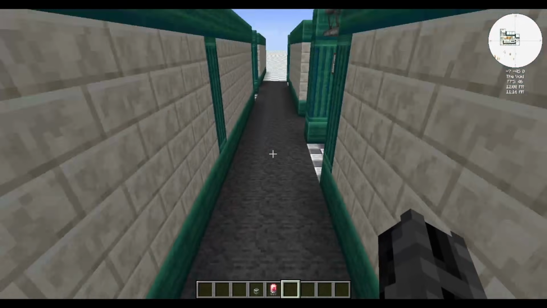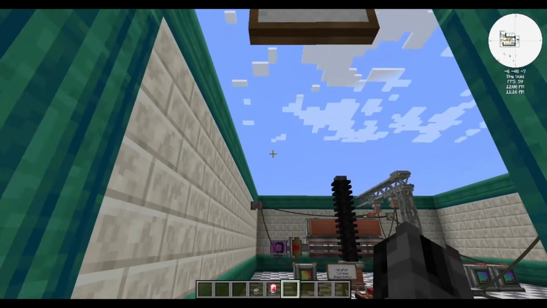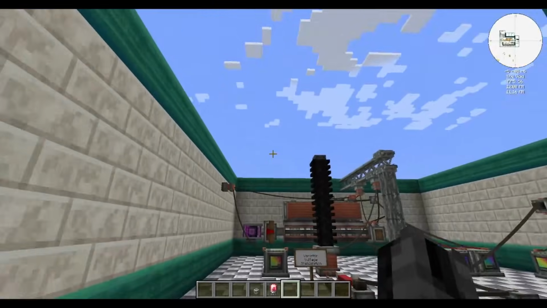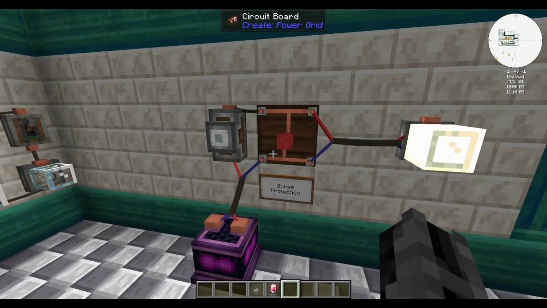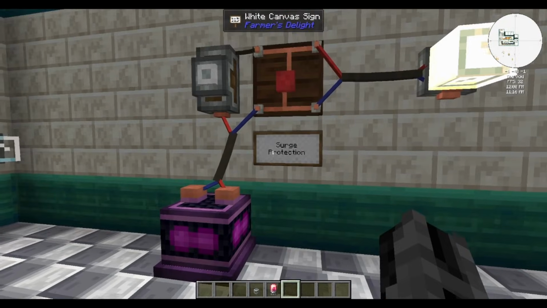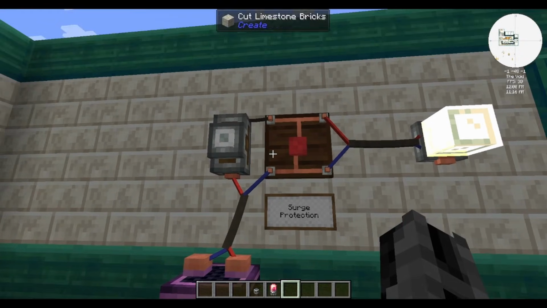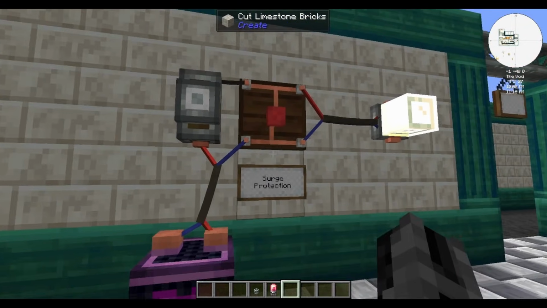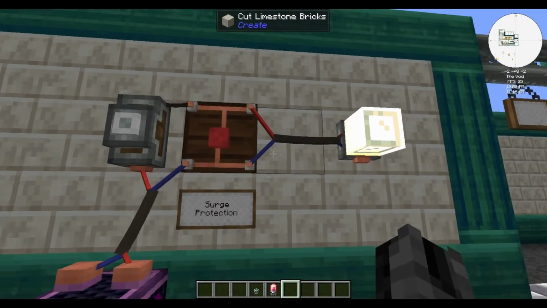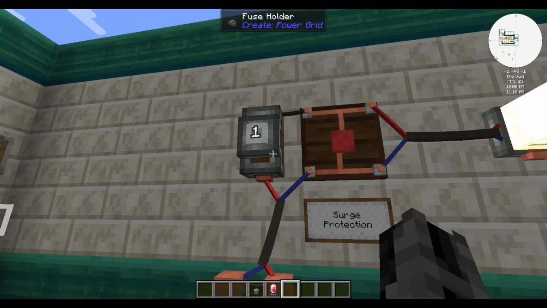So yeah, let's get to the variac. I mean the varistor. Varistors are resistors controlled by voltage. The easiest way to demonstrate this is with a crowbar circuit, where you have a 160 volt varistor in parallel with a bulb that's in series with a fuse.